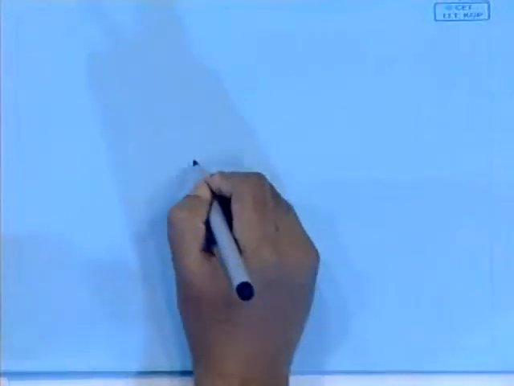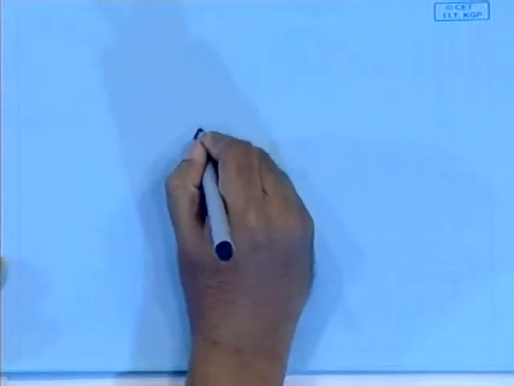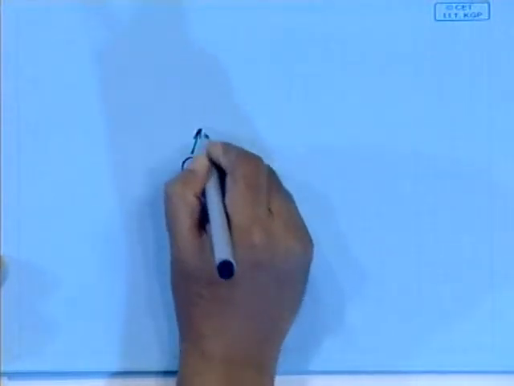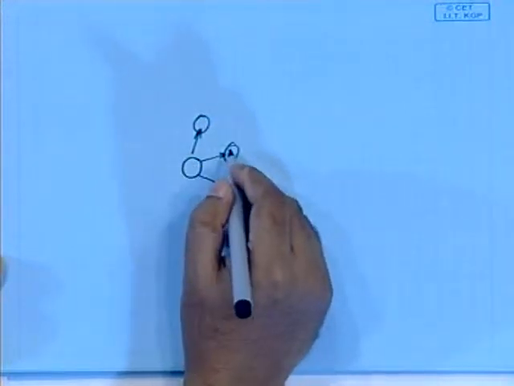Let me reiterate once again. I am starting with the initial state, and from the initial state I am growing the set of reachable states. In the first iteration I find out the states which are reachable from the initial state.